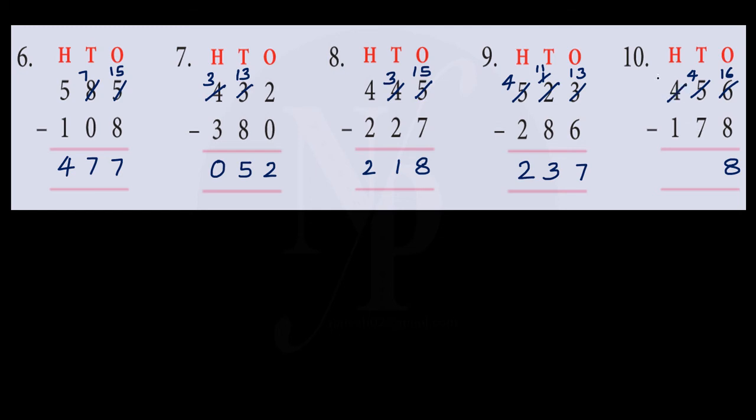Regrouping is needed. You make this 300s. And now this becomes 14 tens. And subtracting 7 tens from 14 tens, you get 7 tens. And subtracting 100 from 300s, you get 200s. 278 is the difference of 456 and 178.